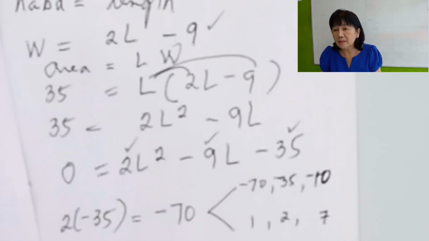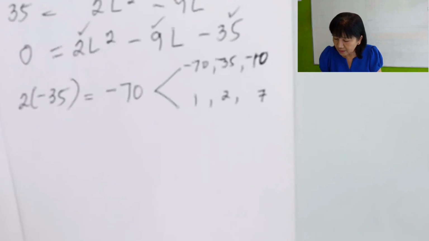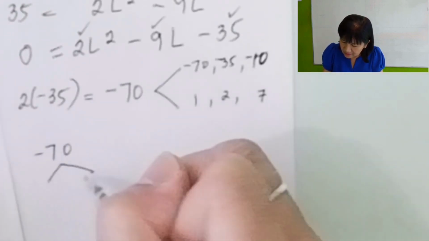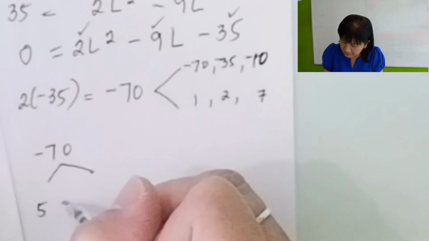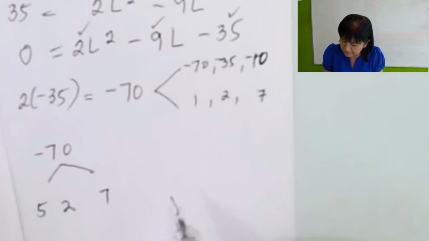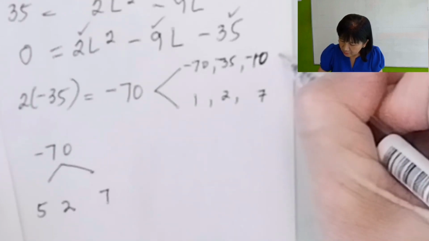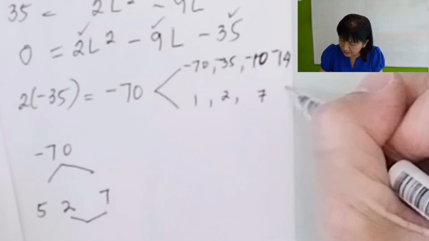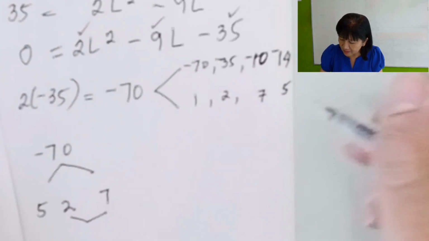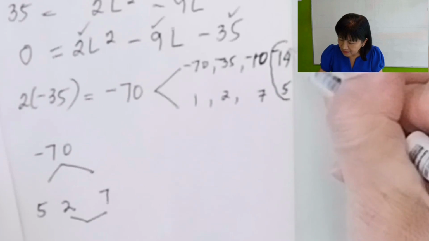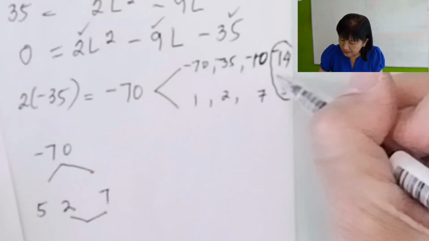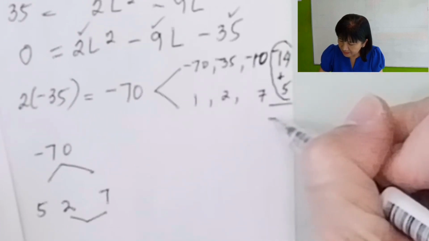Is there any more? Let's try negative 70. 5 times 2 is 10 times 7. Let's play with this. Oh, 14. 7 times 2 is negative 14 and 5. There. Negative 14 times 5 is negative 70. Negative 14 plus 5 is negative 9.